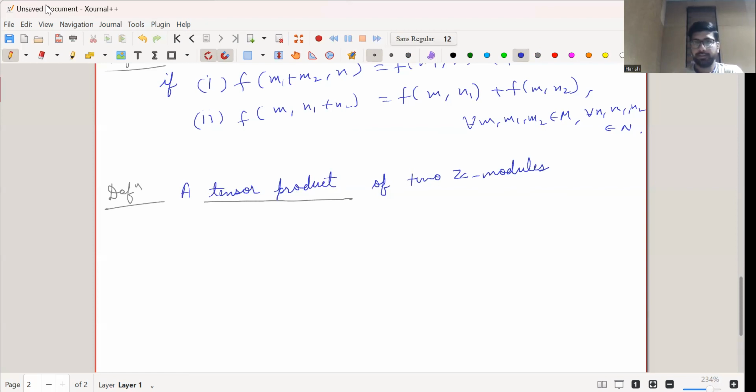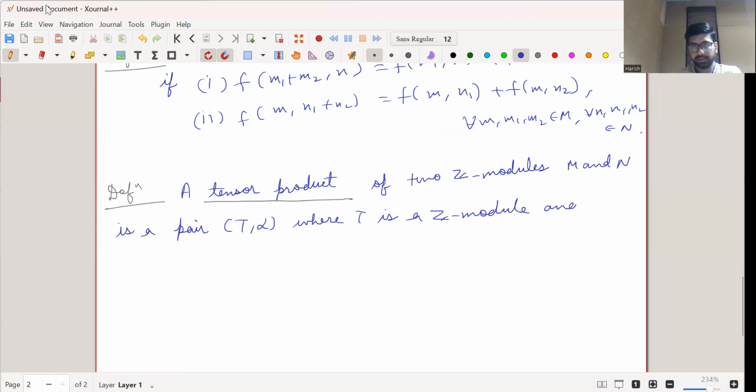A tensor product of two Z modules, M and N, is a pair T comma alpha, where T is a Z module in itself, and alpha is a map from M cross N to T, which is Z bilinear.